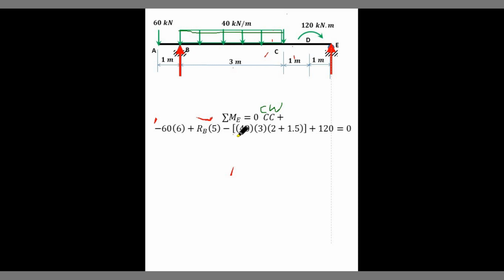The area of that uniformly distributed load is this one, 40 times 3. Now, itong 2 plus 1.5, that is the moment arm of my uniformly distributed load. So, kung ito yung resultant ng aking uniformly distributed load, yung distance nito hanggang kay point E is half of 3, that is 1.5, plus these 2.